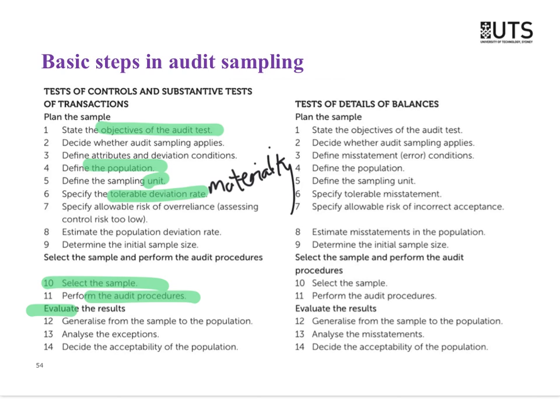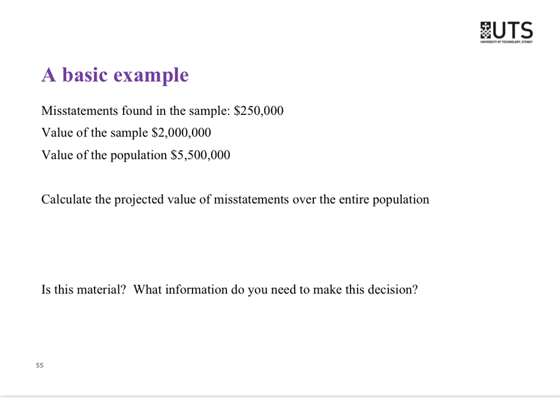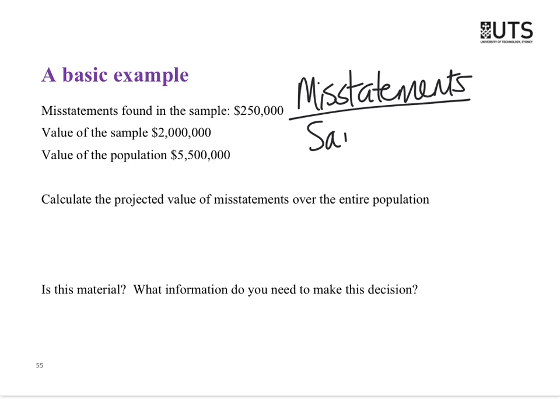And it's similar for the test of balance. So here's an example. $250,000 worth of misstatements in a sample worth $2 million, and the value of the population is $5.5 million. To calculate that, we use a formula that says we take our misstatements, divide that by the sample value, and then multiply it by the population.